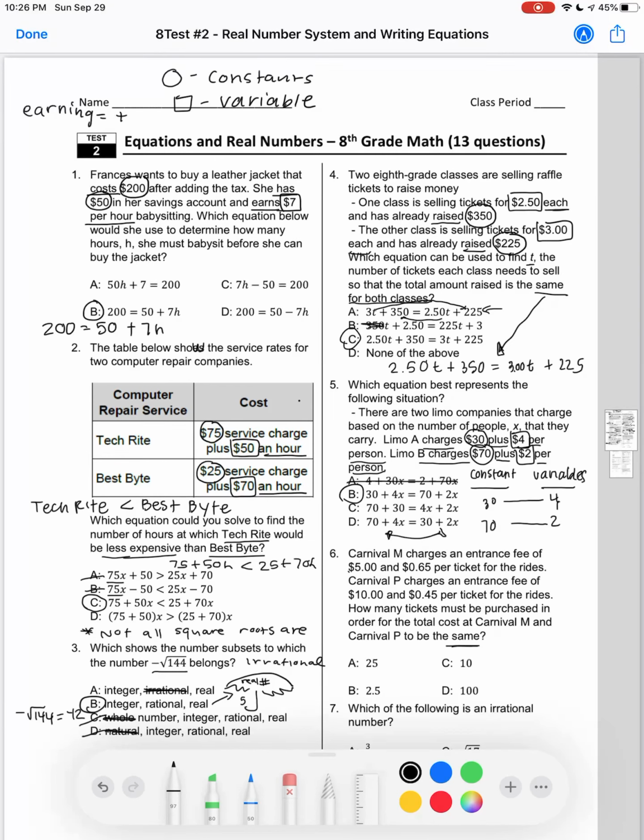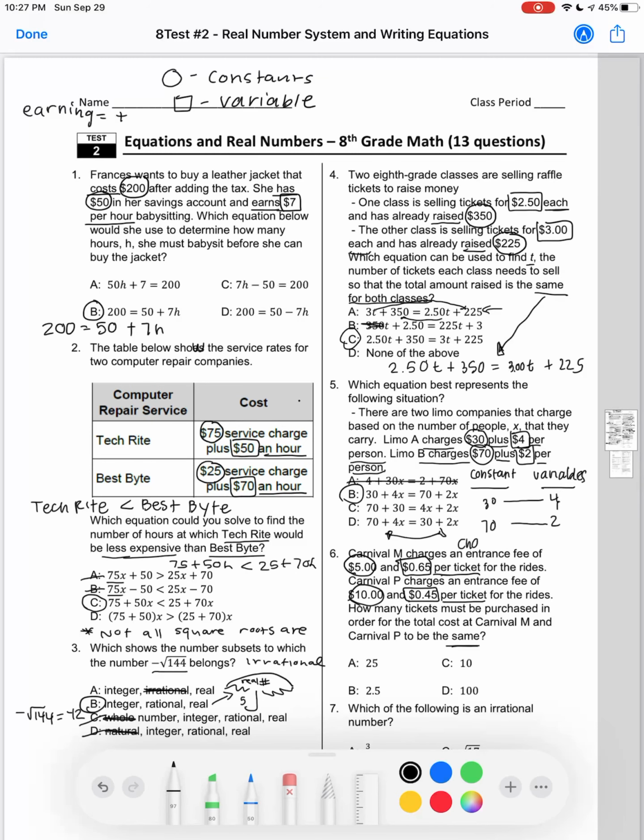So going back, we have a $5 constant and 65 cents per ticket, and Carnival P charges a $10 constant and 45 cents per ticket.